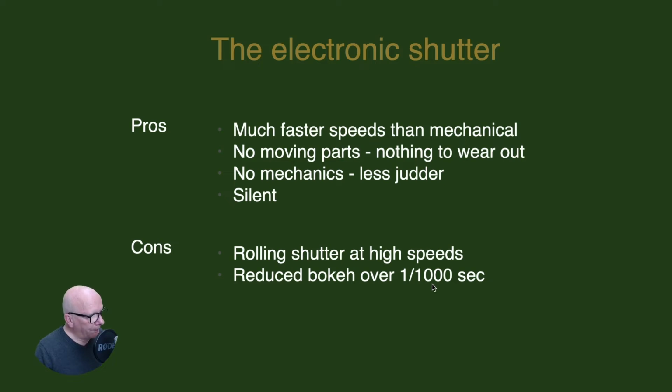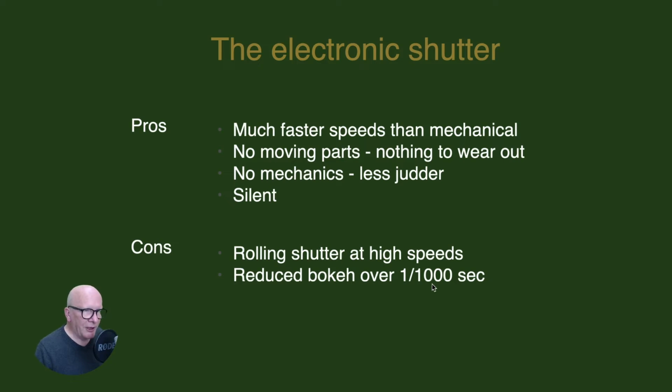Here's a weird one. At shutter speeds over 1,000th of a second, your bokeh is reduced. The background blur isn't as blurry. You see more of the detail in the background. So I saw a video of this a few months back now, and I haven't seen an explanation for it. I really ought to check this up to see whether anyone's got any ideas why this might be the case.